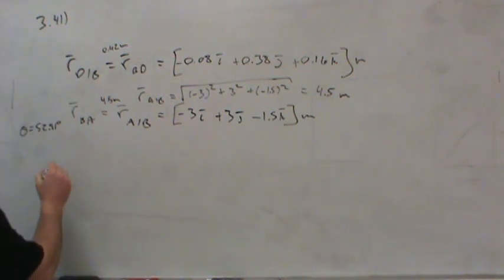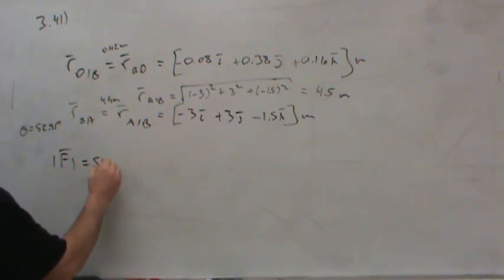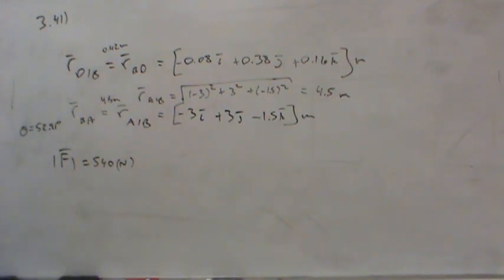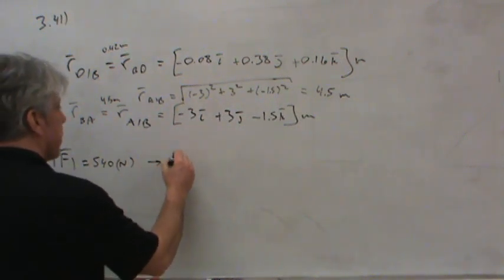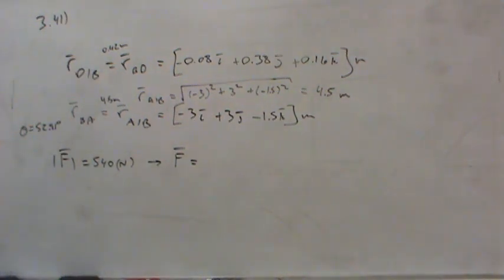So I think what we ought to do is try to write the force vector F. Now we know the magnitude of the force vector is 540 newtons. That was given in the problem statement. And we also know that this force vector acts along rope AB, or BA. So could we write down the force vector itself as a vector? Well, sure.